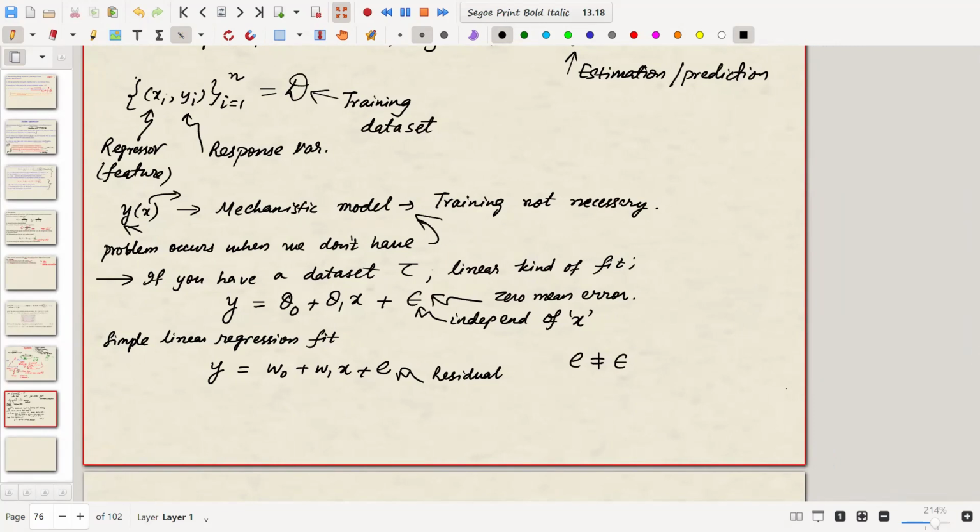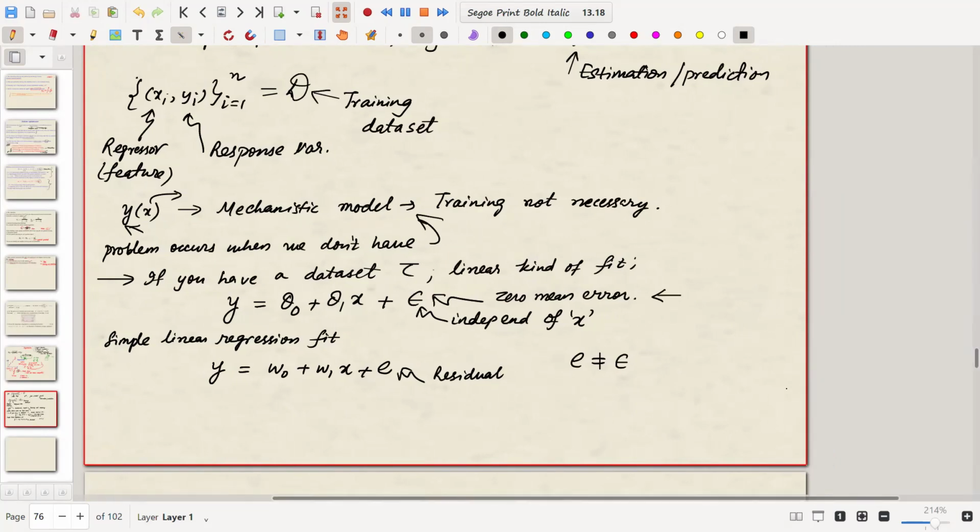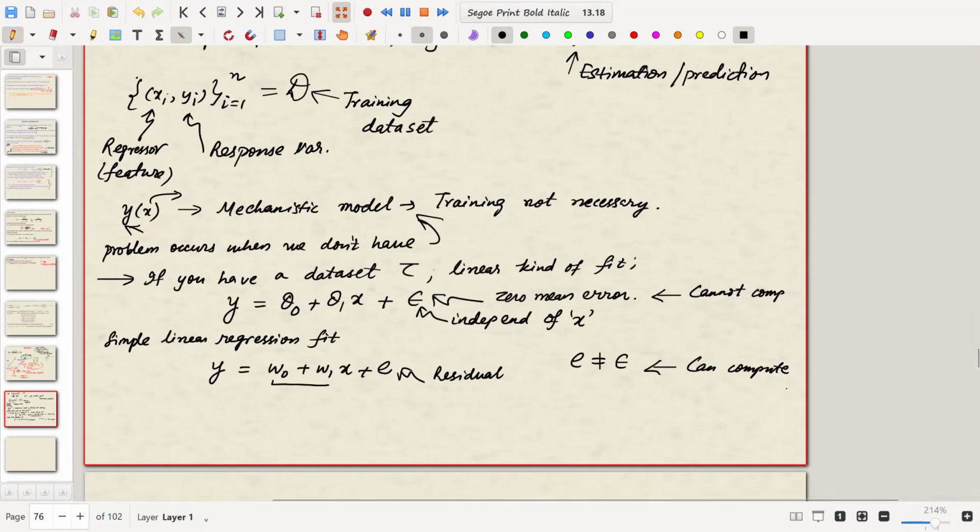The idea is you cannot compute the noise, rather you can compute this. You can visualize that if you use the linear fit, w naught plus w1x, which we saw in the previous slide, there will be some residuals. But you cannot say that is the same error as the experimental one. We are just modeling it.